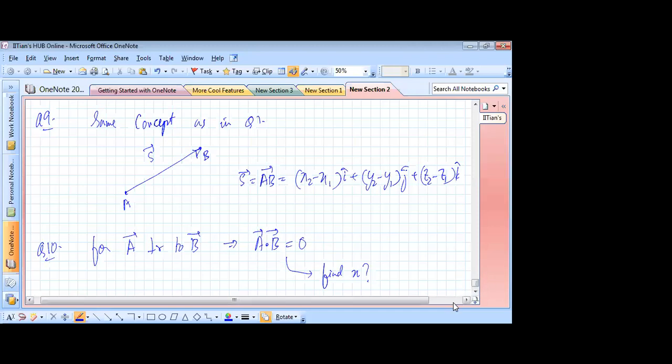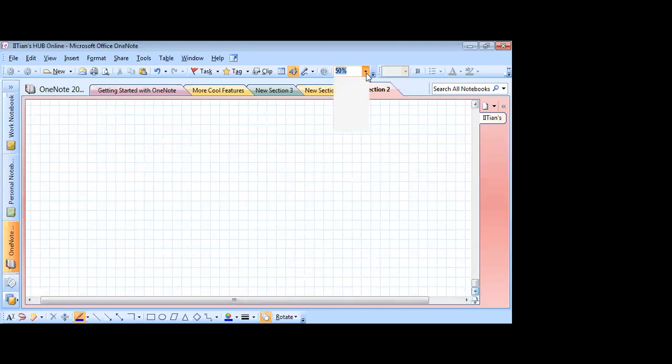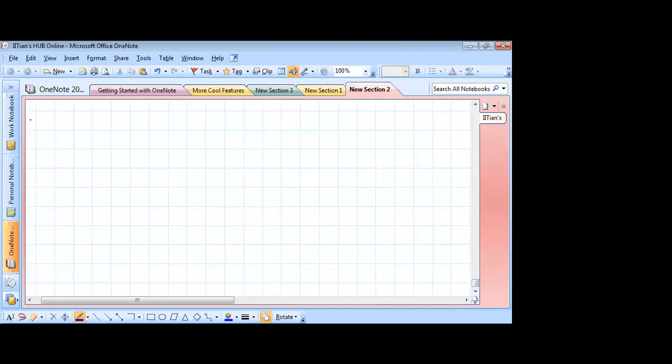Now let's come to 12th. Now 12th is a more tricky question. So I'll explain 12th to you. So in question 12, something like this is happening. Suppose we have two vectors, A and B, and they are non-collinear. So they are defining a plane. And suppose now the vector C is also lying in the same plane.